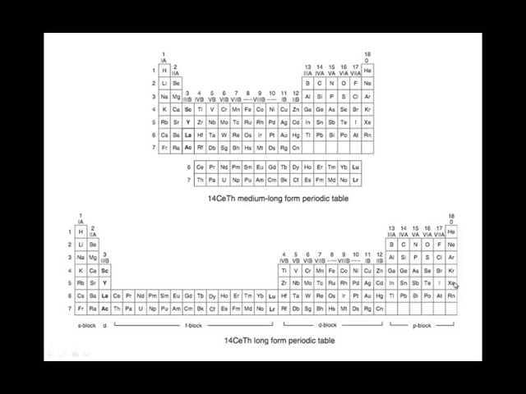So to make it something that can be displayed, someone had the idea to take these out from here and put them at the bottom of the table. But they actually belong right up here. And sometimes you will see lanthanum and actinium up here, and sometimes you'll see them down here, depending on your periodic table.